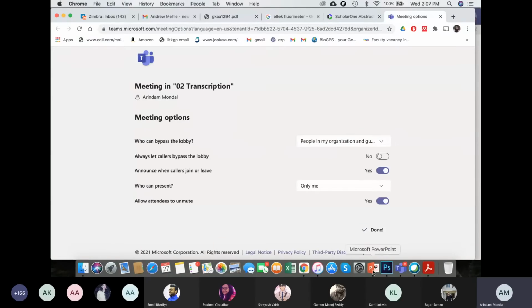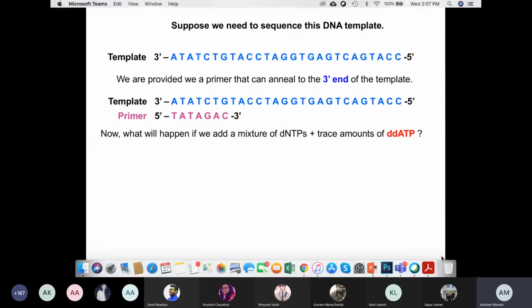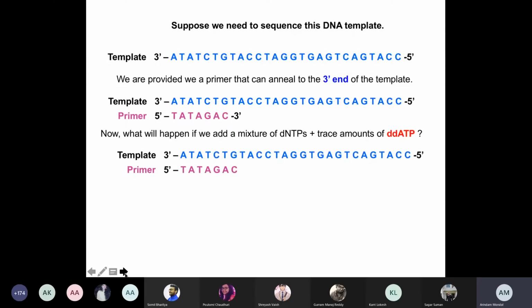Okay. So you use four different dNTPs along with one particular dideoxy nucleotide, right? So that whenever there is an incorporation of that ddNTP, it will terminate the chain.